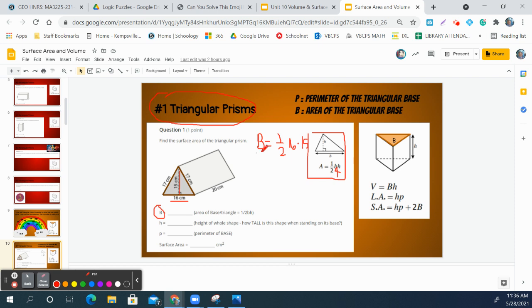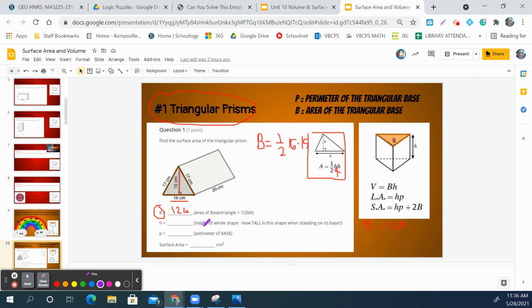This gives you the big B. The big B is the area of this triangle. So when you do 1/2 16 times 15, what do you get? What is it? 120? So the area of the base, the big B, is 120.